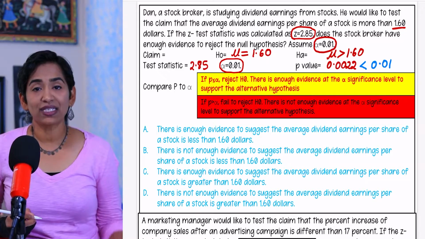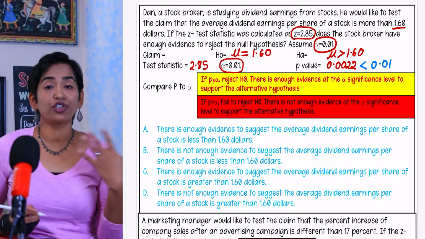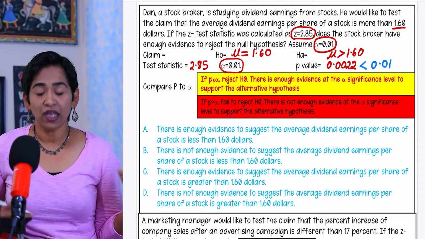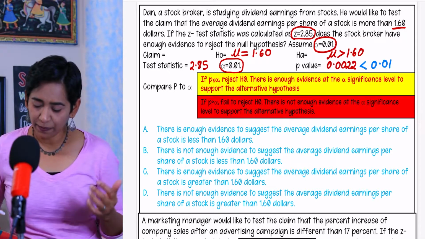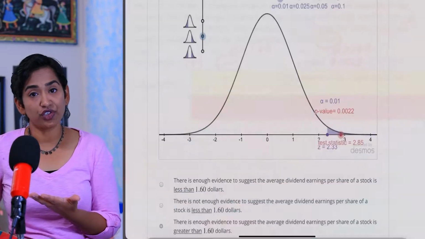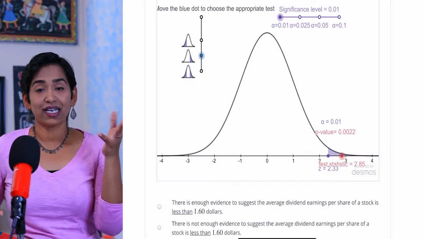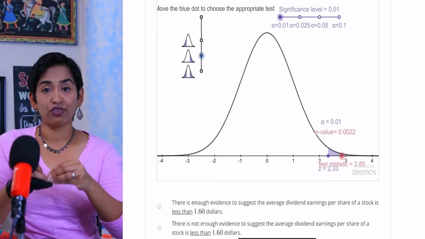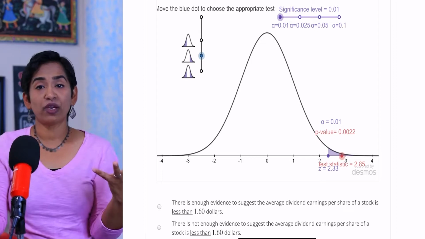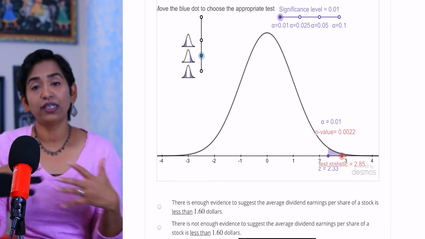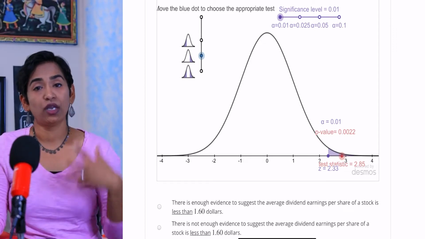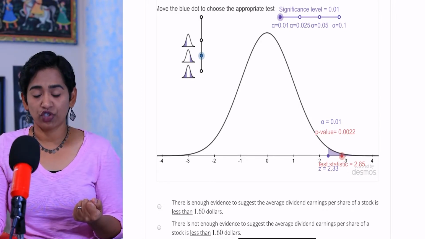When my p-value is less than alpha, what do I do? I reject my null hypothesis. But if you go back and look, I can even use my rejection region. The test statistic is actually boom inside the rejection region. You can choose whichever method you want. They will finally take you to the same conclusion, p-value or the rejection region.